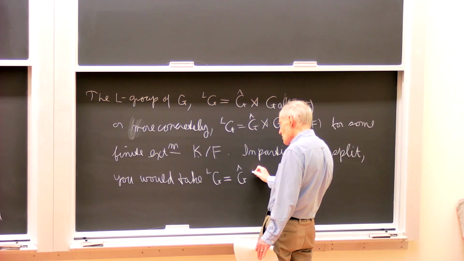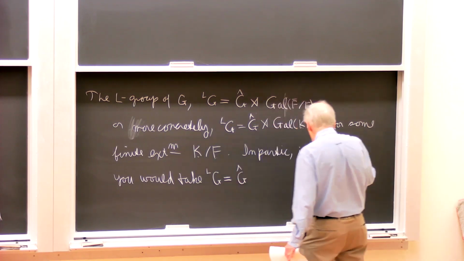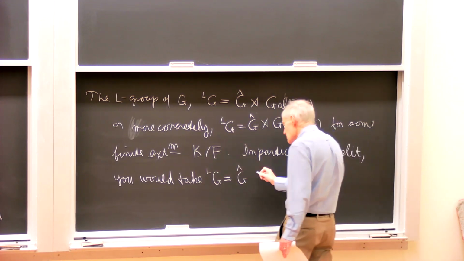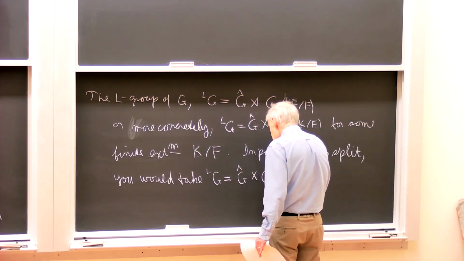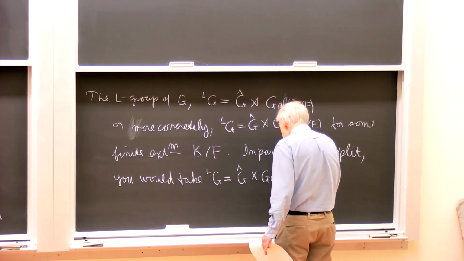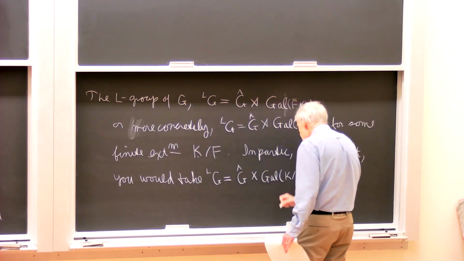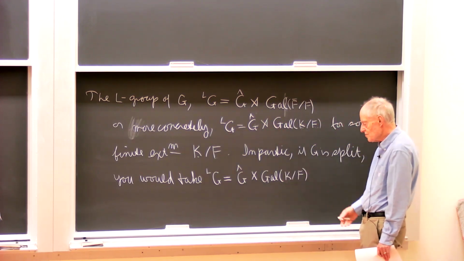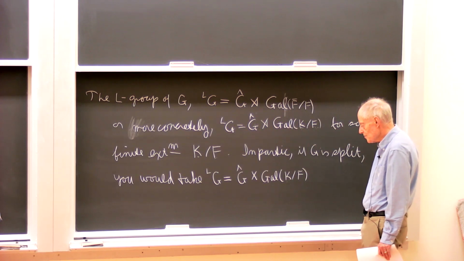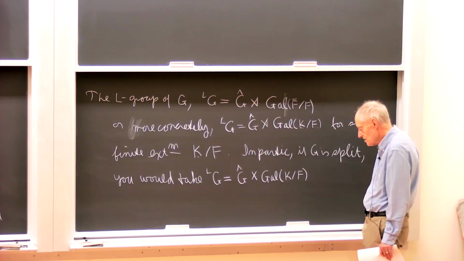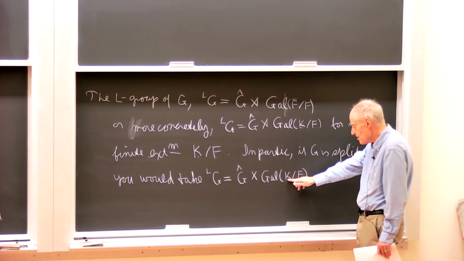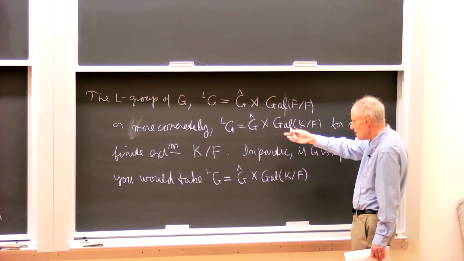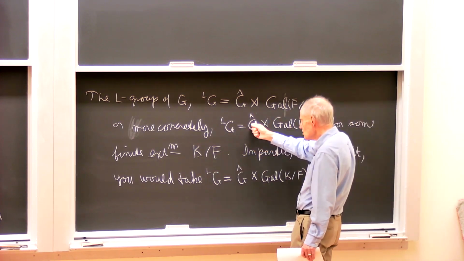Now, if it's a split group, this Galois group acts trivially on here. And so you don't take the semi-direct product, you can just take the direct product with the Galois group of K over F. And this is just for some extension that you leave open. The only condition is that it's sufficiently large that it includes the Galois action on G hat.